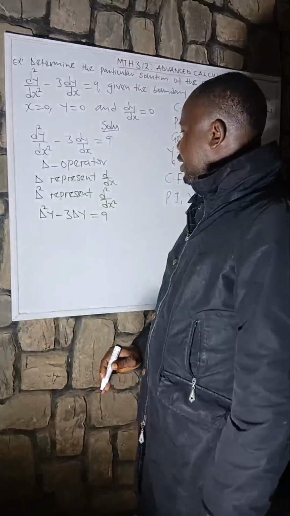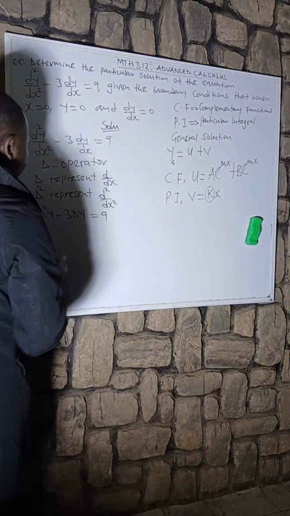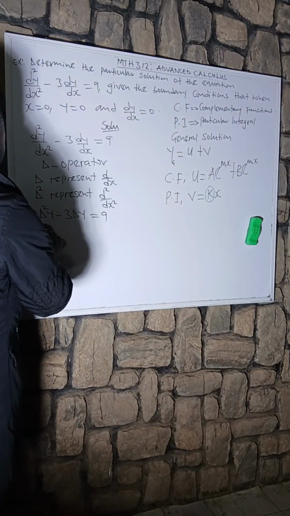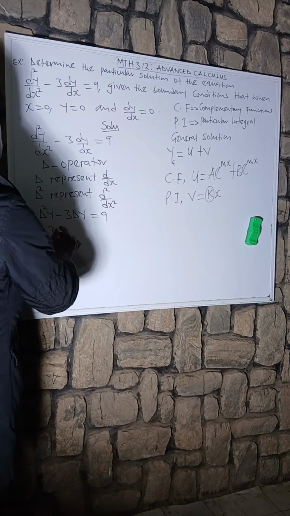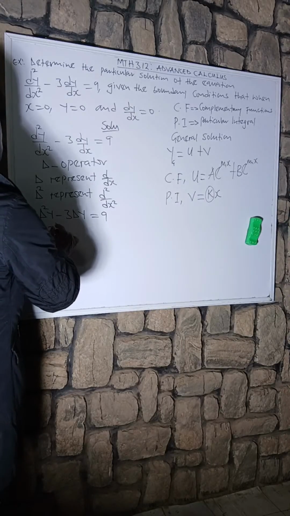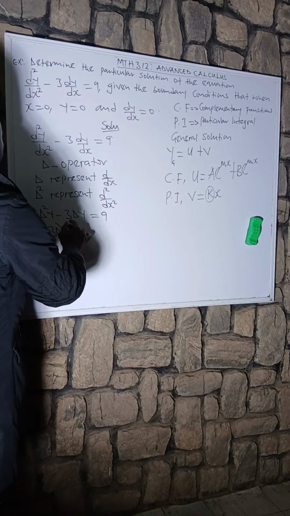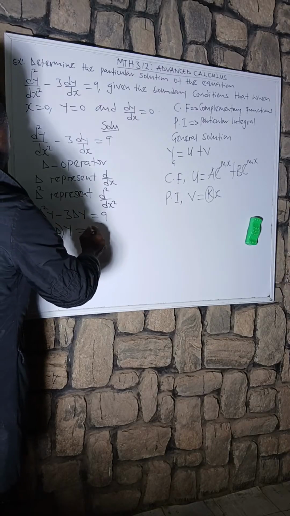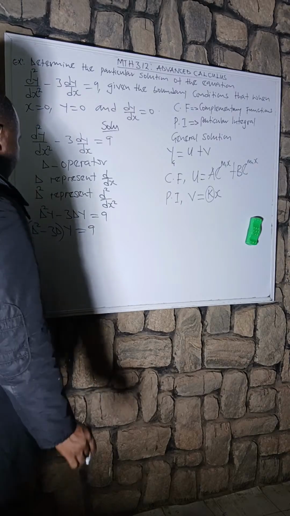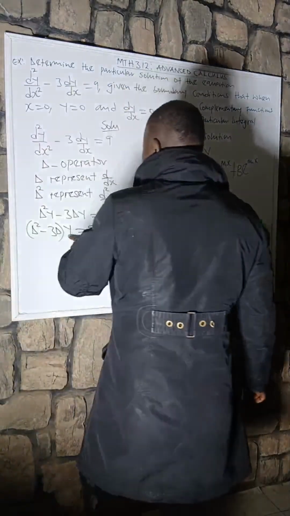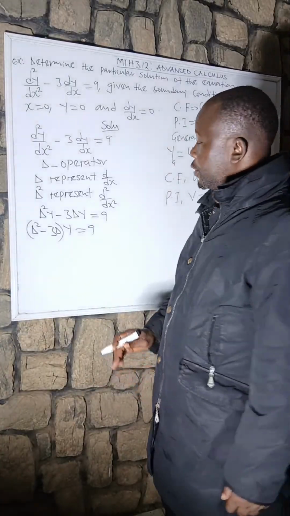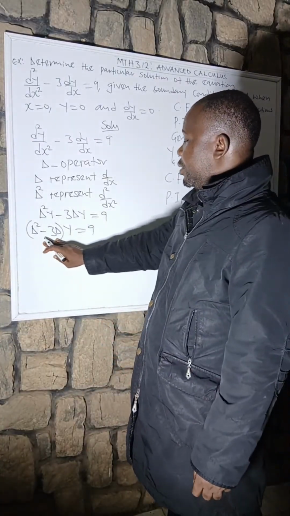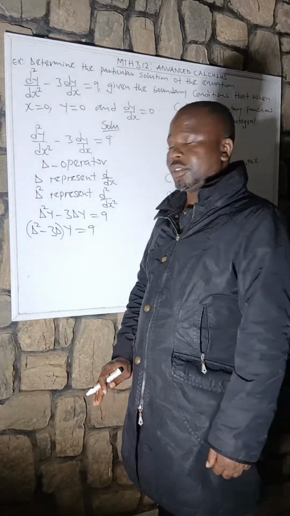If you agree with me, it means y is common, and we can factor it out: (D squared minus 3D) y equals 9. True or false? It's true, right? So let's obtain our auxiliary equation.